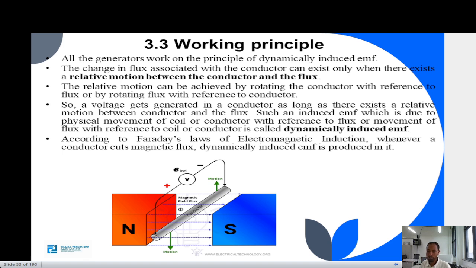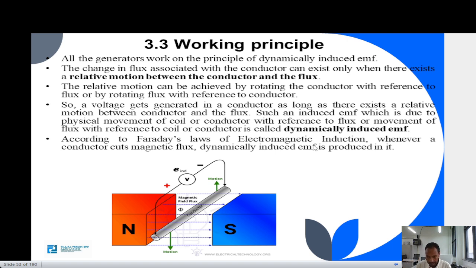So according to Faraday's law of electromagnetic induction, whenever a conductor cuts magnetic flux, dynamically induced EMF is produced in it. That is the law. So the induced voltage in our generator is a dynamically induced EMF according to Faraday's law of electromagnetic induction.